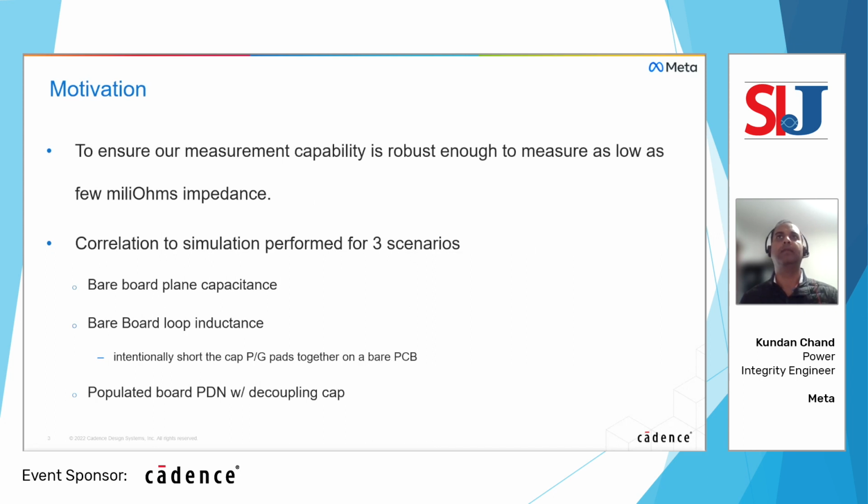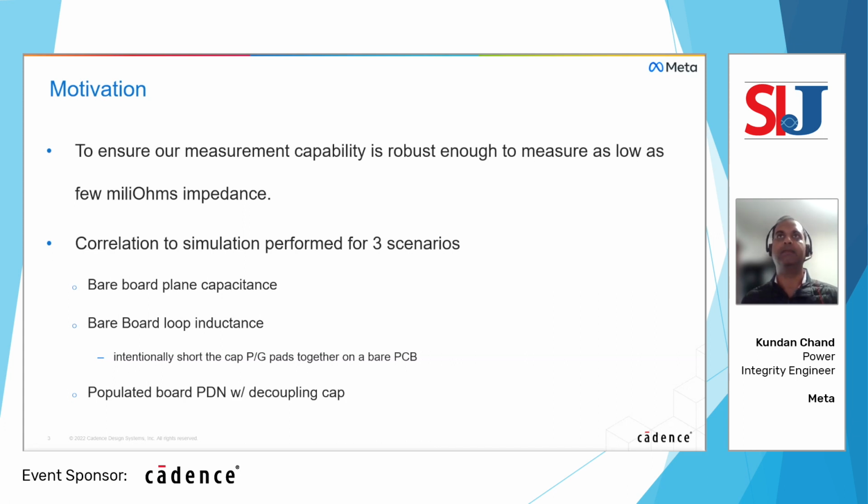Okay, so the reason why we started this correlation effort was we were not quite sure if our measurement equipments and the lab probes and other things which we had were enough to be able to measure as low as few milliohms in the lab.